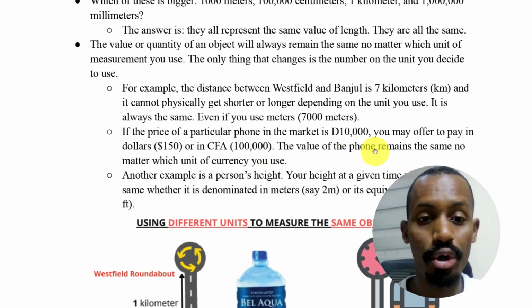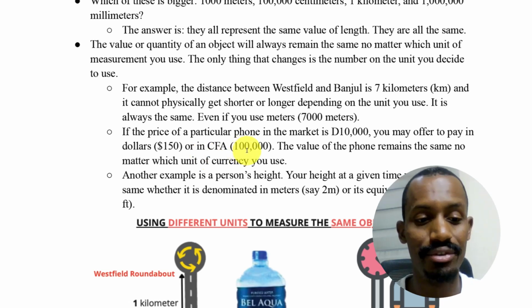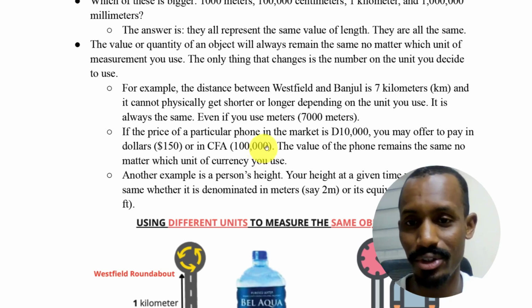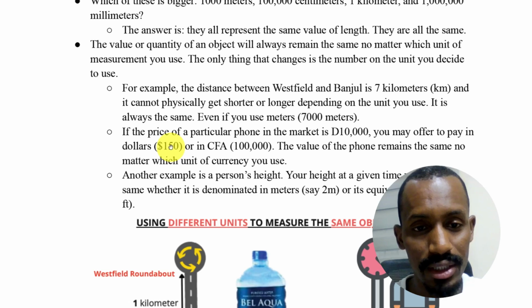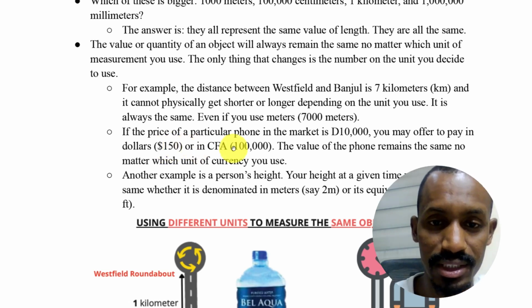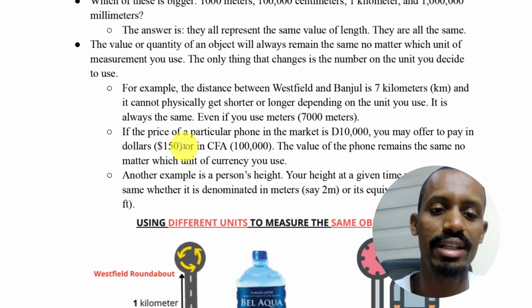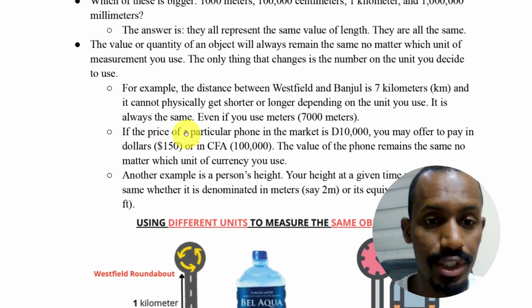It's just the currency in which you want to offer it. It doesn't mean that if you pay somebody 100,000 CFA you are paying them more. You are paying them the same value. And $150 is not small just because 100,000 has a lot of zeros. No, this is because the value is in a bigger unit.